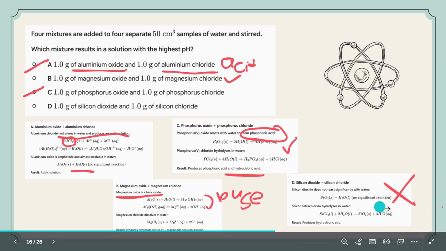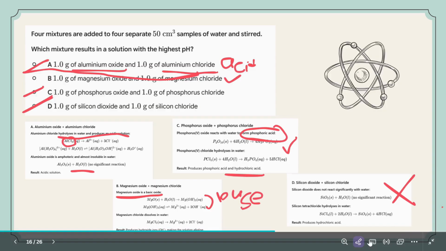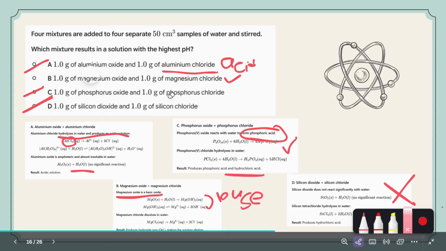Hydrochloric acid is an acid with low pH, so this is not the answer. The only solution that gives high pH, a base solution, is option B. So the right answer is option B.